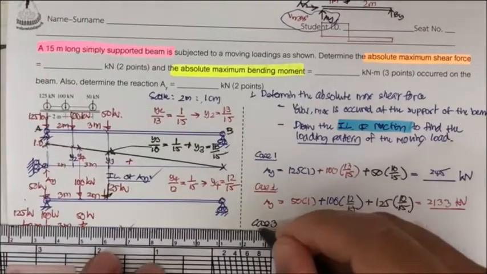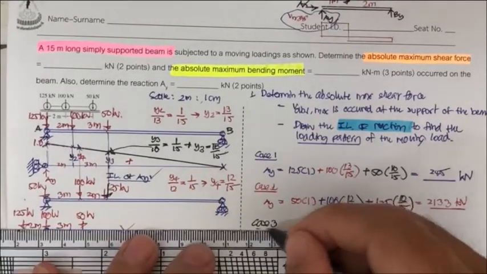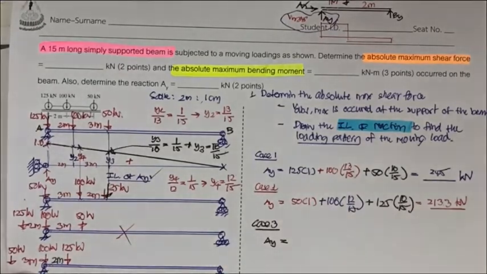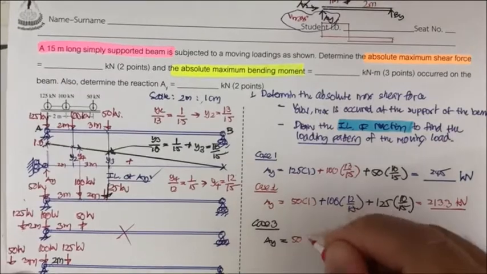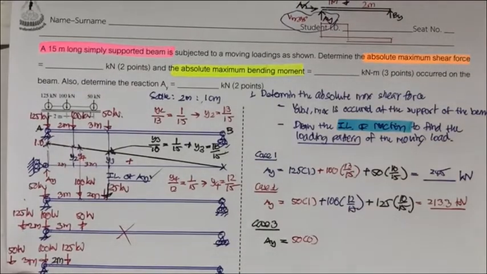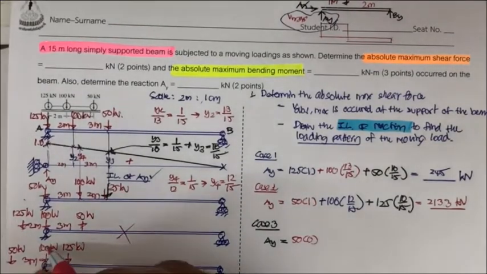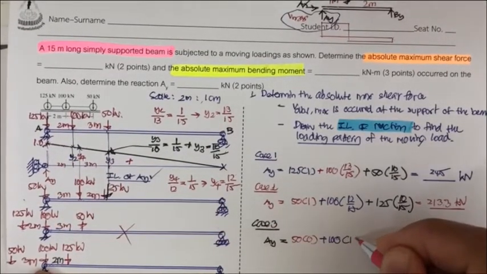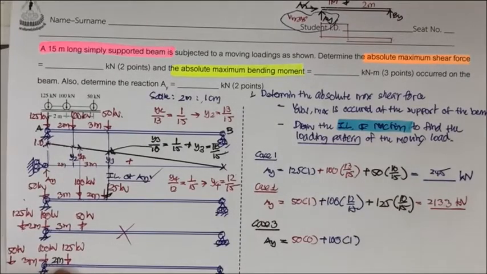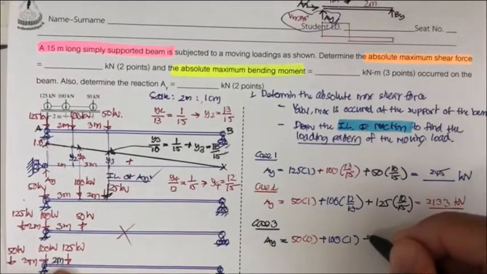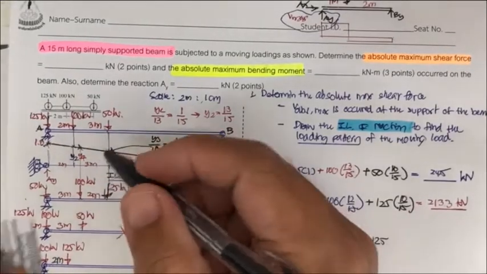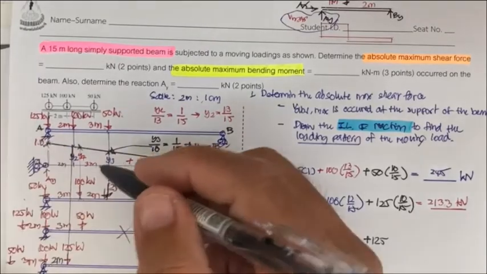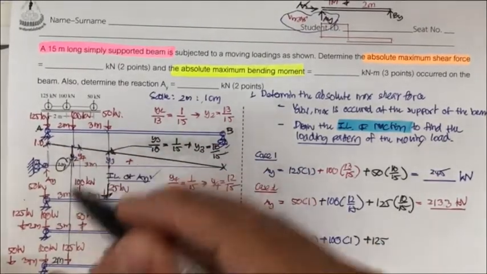we have this case, and our A sub y is going to be 50 times 0, and then 100 times 1. And then 125 plus 125. 125 we're going to project up, and it's only 2 meter different.